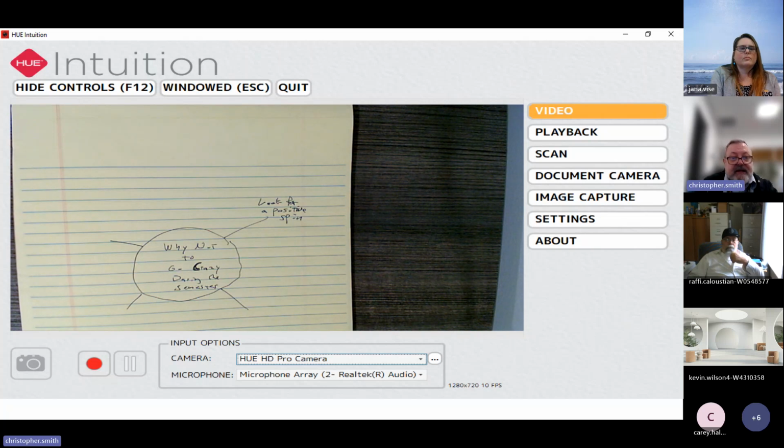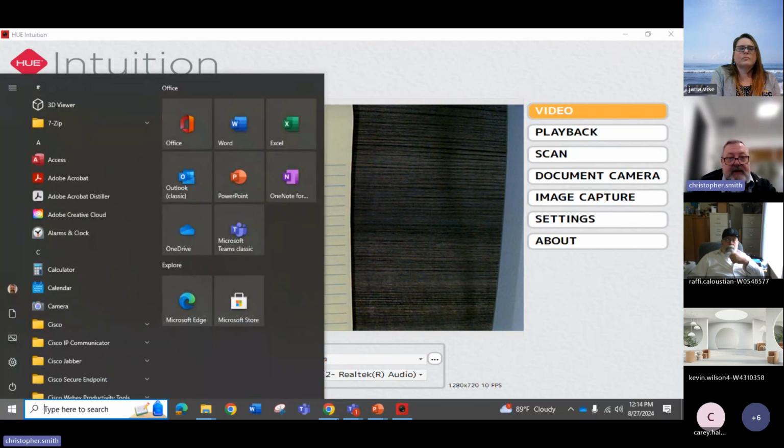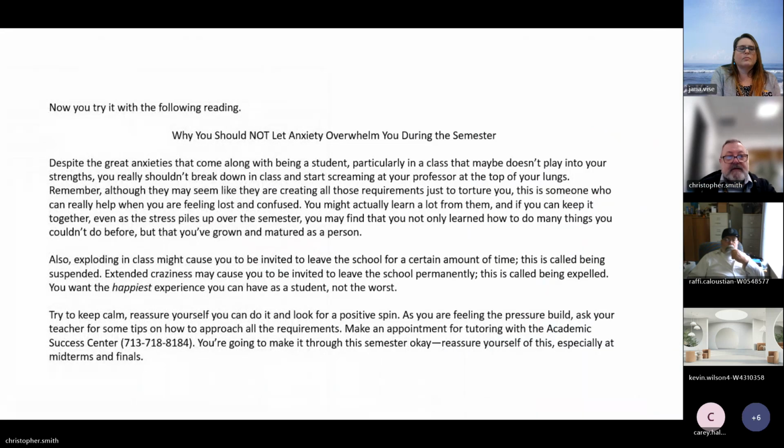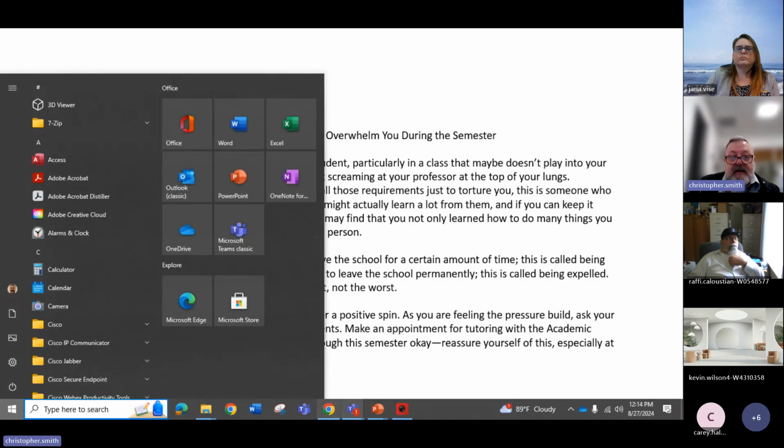Anyone else notice anything in that reading that we might utilize? We could look at the fact that these requirements aren't there to hurt you. This is meant to help you and help you learn. And we could make that a subheading.